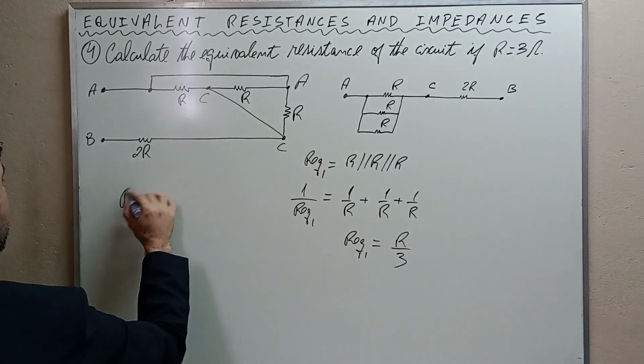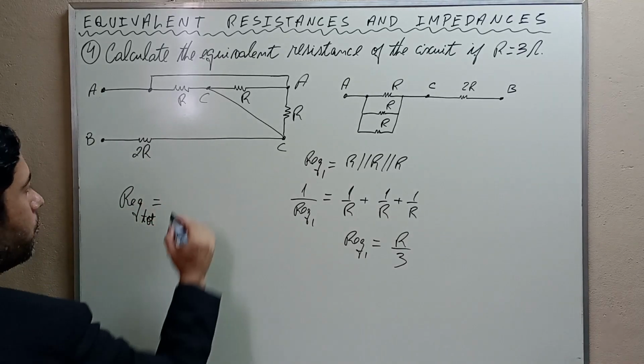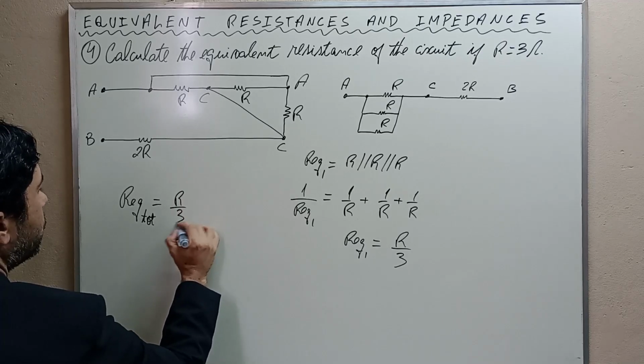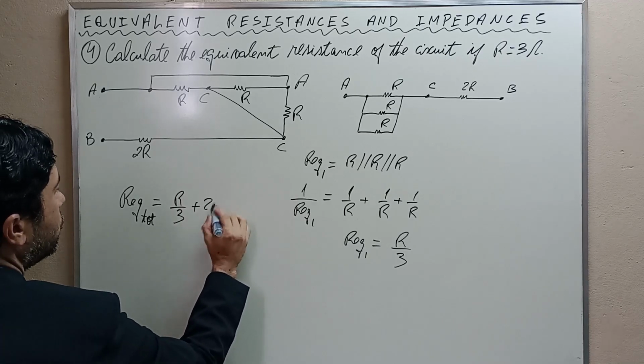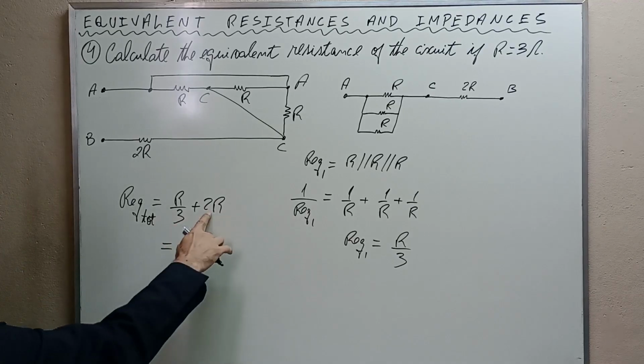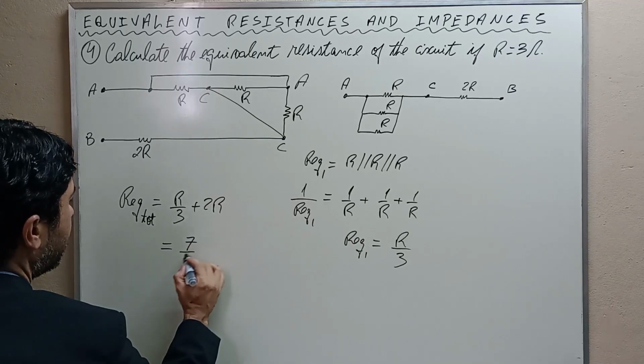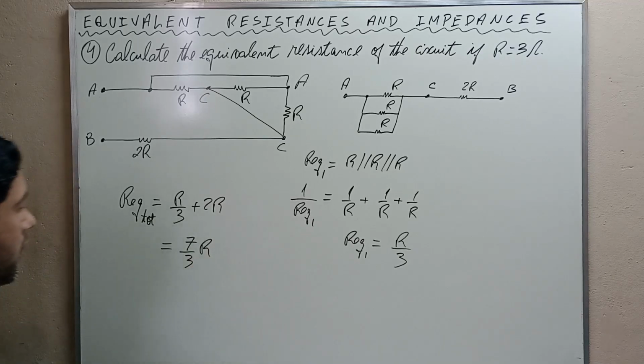Therefore, the total equivalent resistance will be R over 3 plus 2R, and this is 3 times 2 is 6 plus 1, 7, 7 over 3 times R. And the exercise wanted us to use that R is equal to 3 ohms.